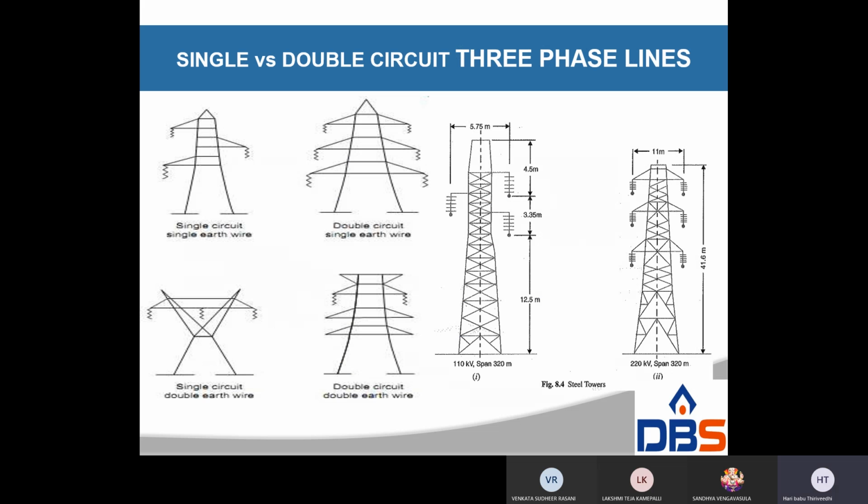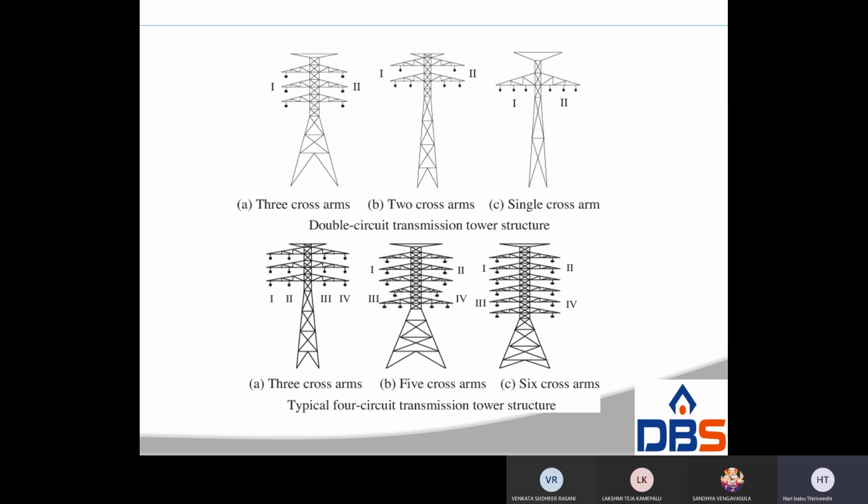Same derivation. Single versus double circuits. Look at this, this is the single circuit, single earth wire, and double circuit, single earth wire. Tower. So these are the cross arms.